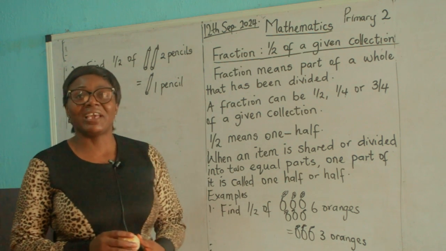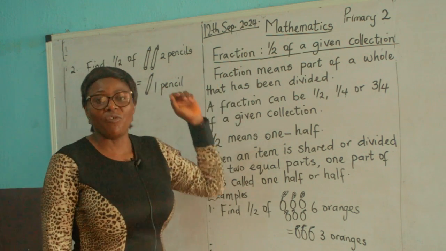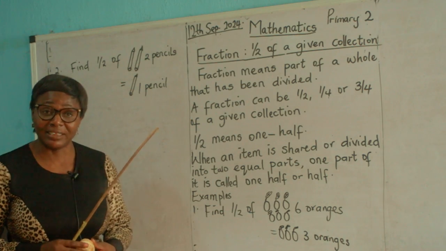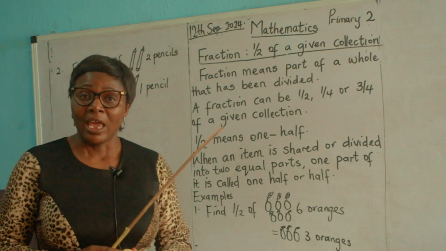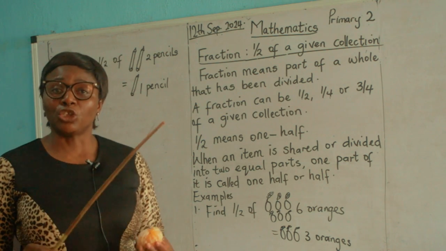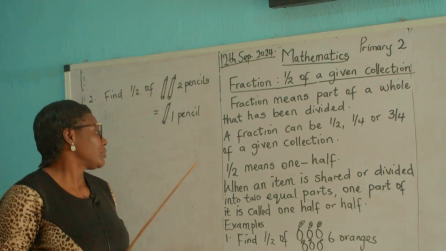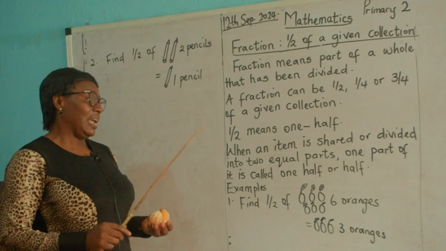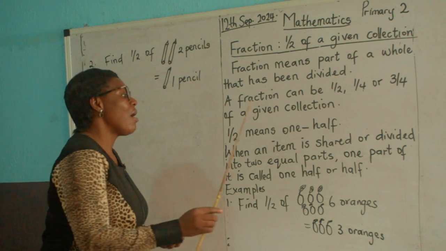Here, we are going to be making emphasis on 1/2 of a given collection. At the end of this lesson, you should be able to share any object into two equal halves. 1/2 is when an item is divided into two equal parts.